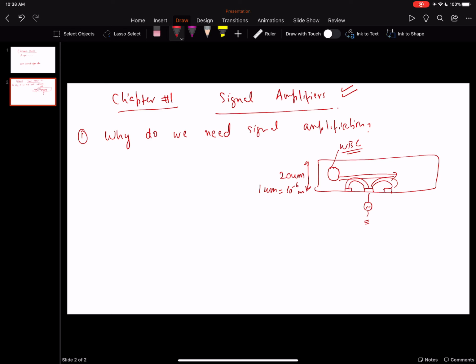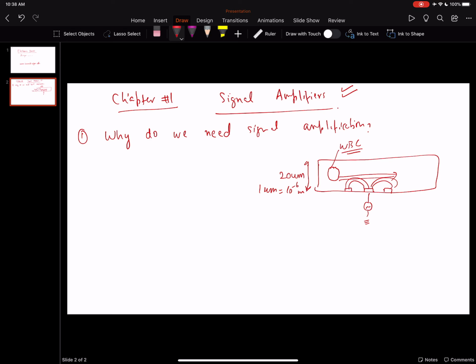So essentially what we are getting is very, very minuscule changes in the voltage values. If I have to reliably process that signal, in this specific example detecting whether a white blood cell passed over the electrodes or not, I would need to amplify the signal.